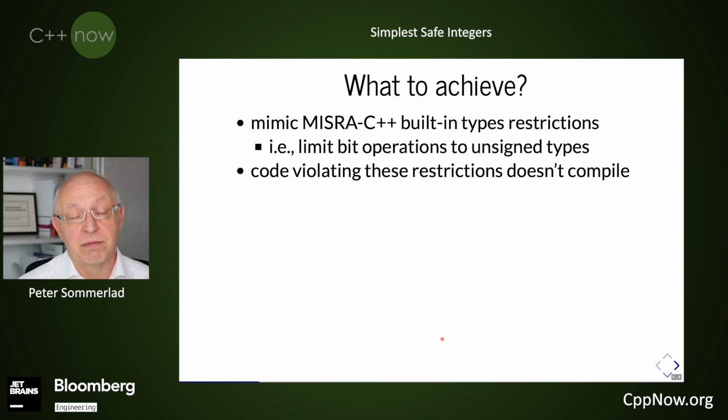While the MISRA guidelines are typically supported by static analysis tools, where there are plenty of vendors who provide at least the 2008 guideline set, it's even better when you don't have to have an extra tool, but the compiler just won't compile the code that does it like that.